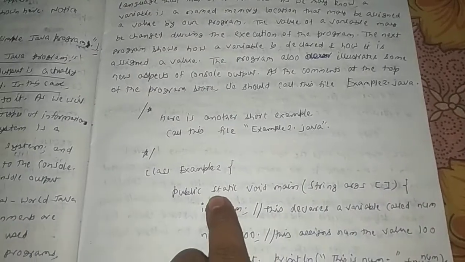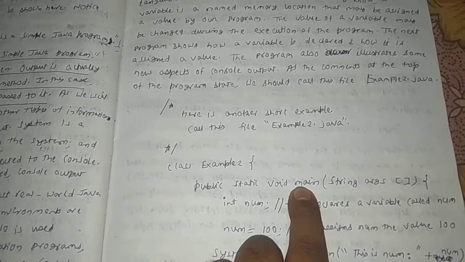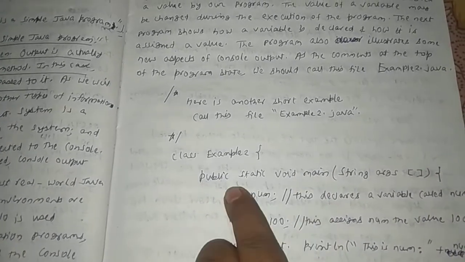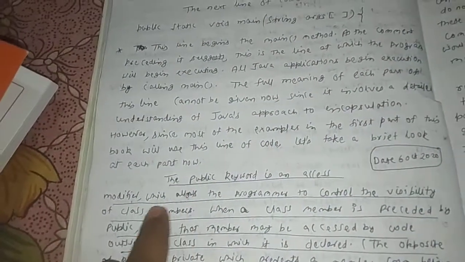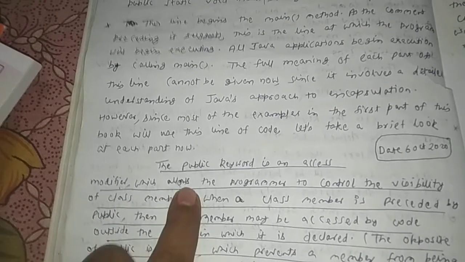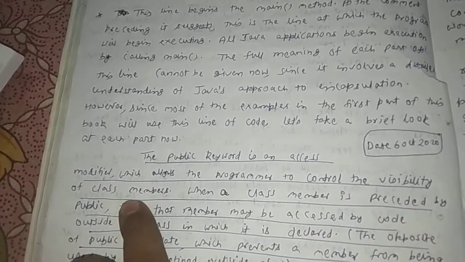Let's have a look at the meaning of public static void main. For remembering purposes we can abbreviate it as PSVM. P for public, S for static, V for void, M for main. The public keyword is an access modifier which allows the programmer to control the visibility of class members.